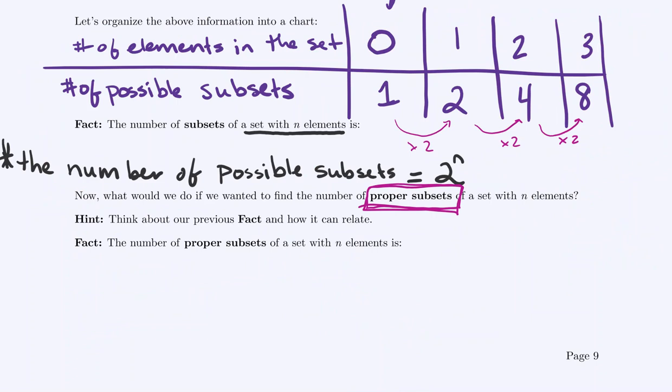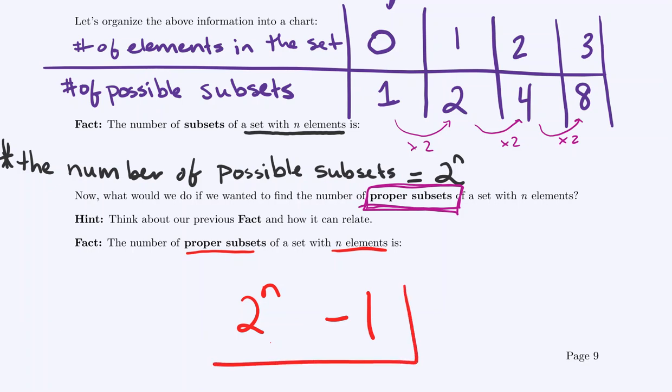And that brings us to the formula about proper subsets. The number of proper subsets of a set with n elements is the number of subsets, 2 to the n, and then once you find this value, you subtract 1. And notice it's got the same beginning part.